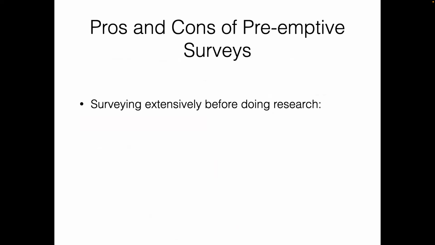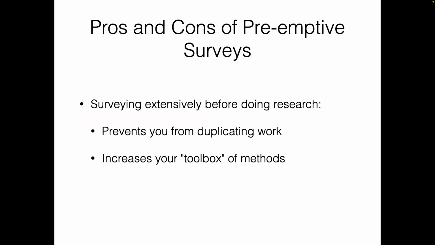Now we're telling you to do a survey for the course, and I'm going on about surveys. But really, you should also be aware that there are some pros and cons to doing this. In a good sense, it could prevent you from duplicating work. Let's say you're doing research and you want to work on something new, then you could find that someone has already done it before.